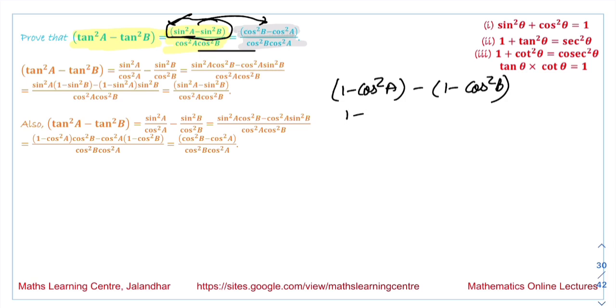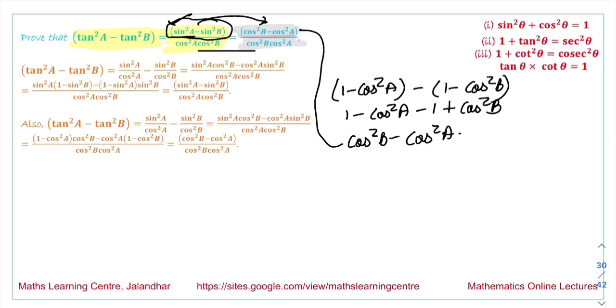So this will become 1 minus cos square A minus 1 plus cos square B, and this is cos square B minus cos square A, the numerator part over here. So both these terms are equal.